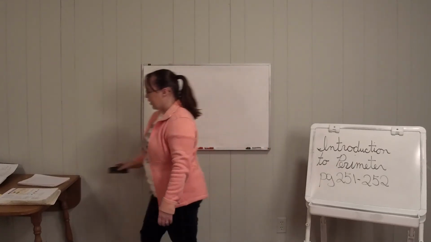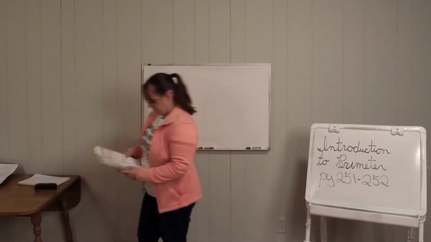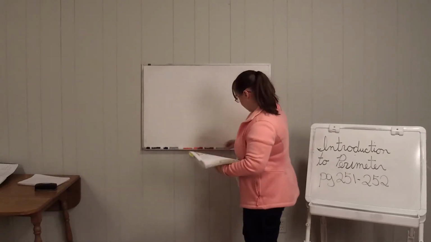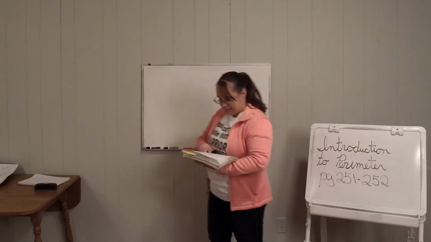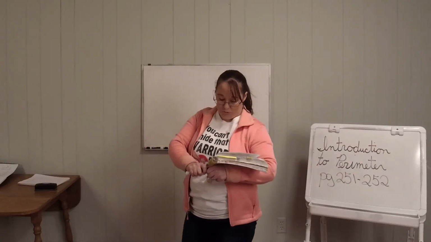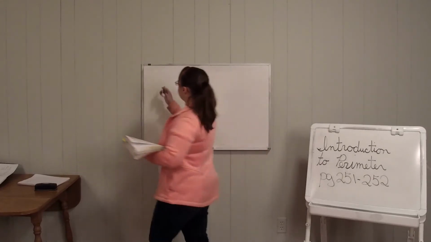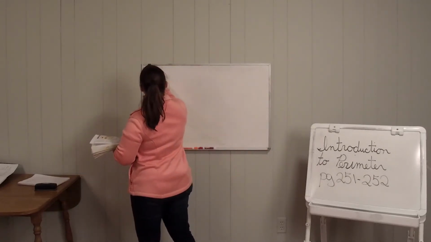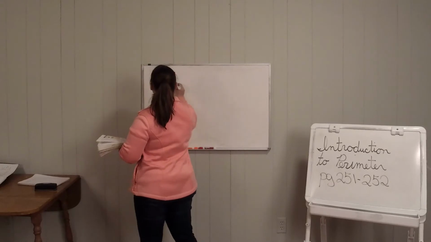So, let's look at the word problems on that page first. It says, Mr. Hill plans to put a rectangular fence around his yard. So he wants a rectangle. So we know we have a rectangle.